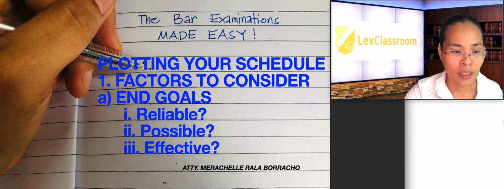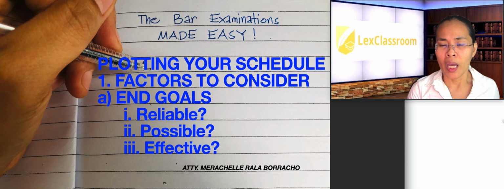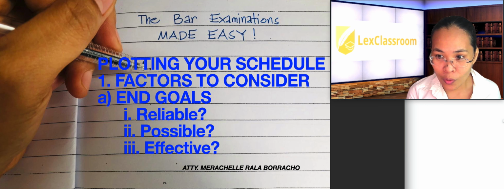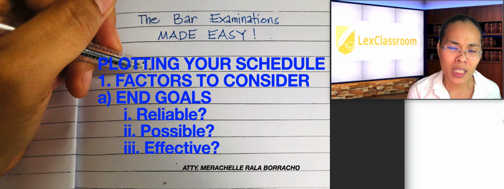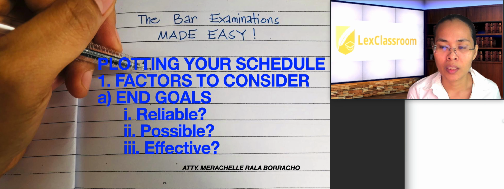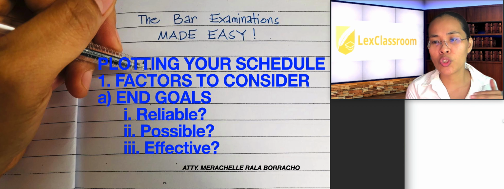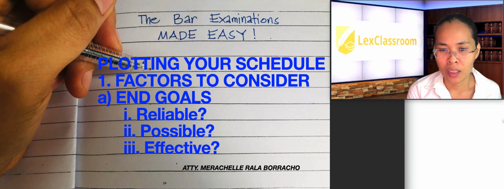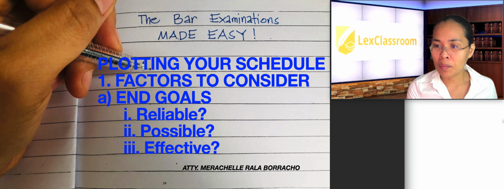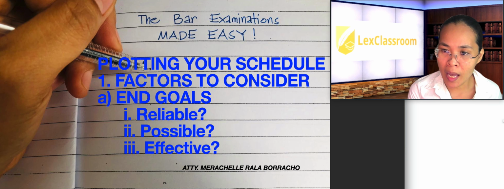And the last thing is about your end goals. You have to ask 3 questions that would test if your schedule is approved or not. First, is it reliable? Does it make you also a reliable person, or is it shifting? It's like human beings are persons of habits.